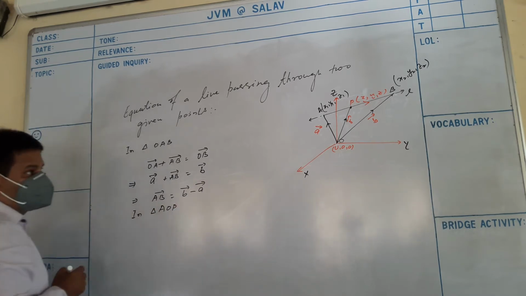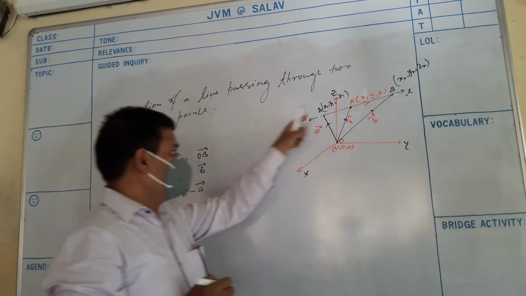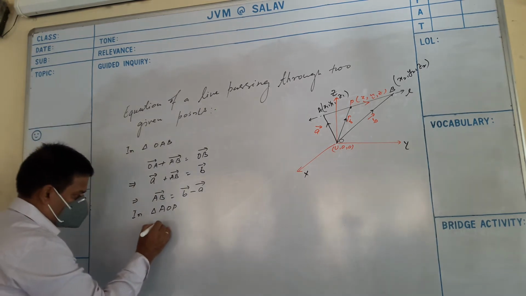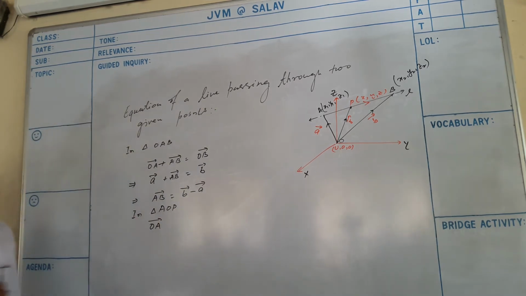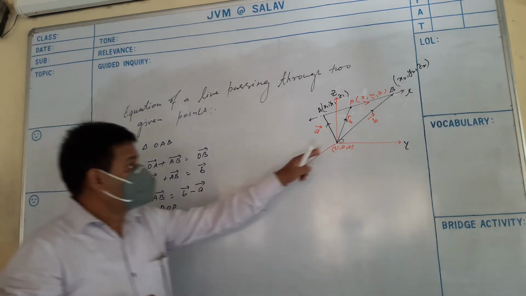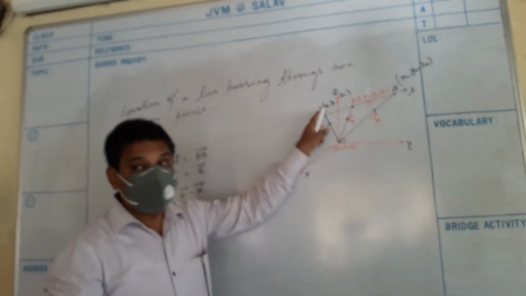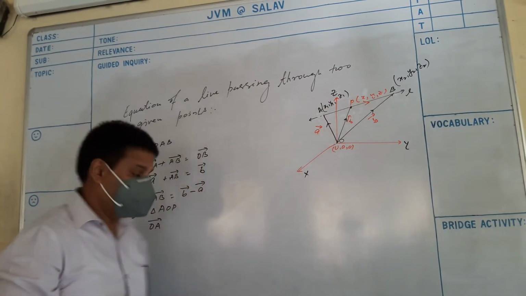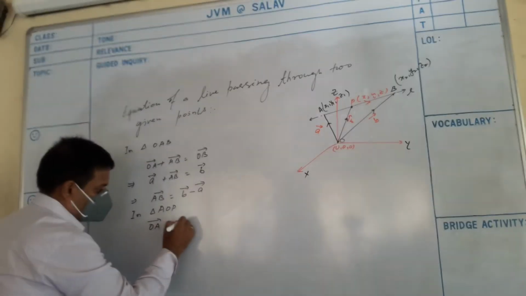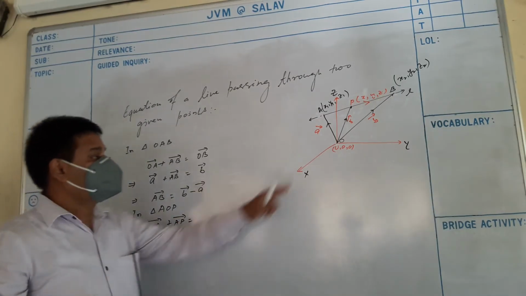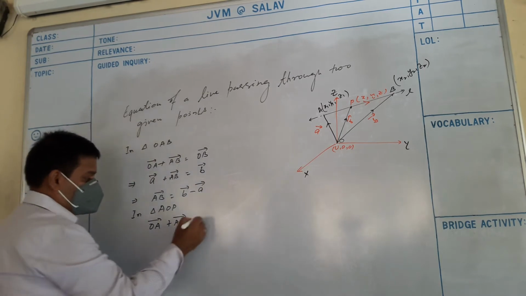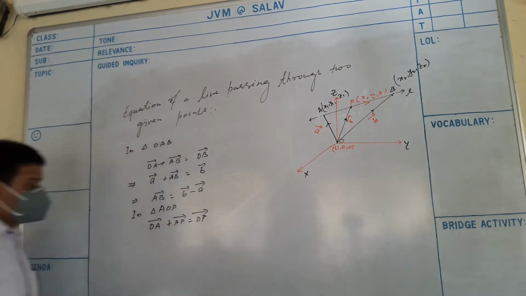Now if I take triangle AOP, use here the triangle law: OA plus AP is equal to OP.